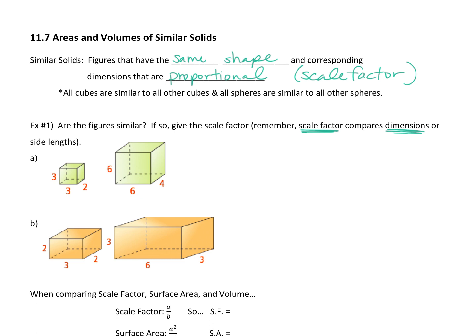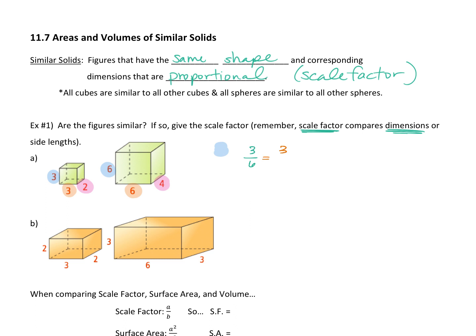So if I look here at, I'm going to just highlight in different colors. This 3, we would say relates to what side on the other figure? 6. The 6, okay? This 3 here corresponds to this 6, and the 2 corresponds to the 4, right? So what we're saying is the scale factor is 3 to 6. Oh, and we changed colors, my bad.